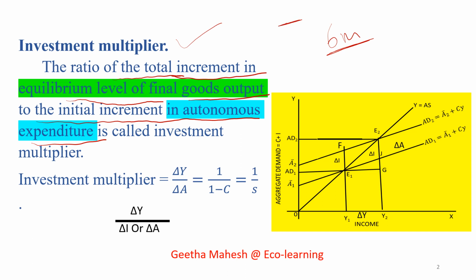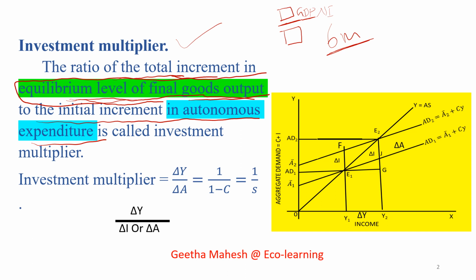We are talking about investment multiplier, and investment multiplier shows the relationship between two variables. The first variable is GDP, or we can say national income. So what is GDP? You can see here, the equilibrium level of final goods output.